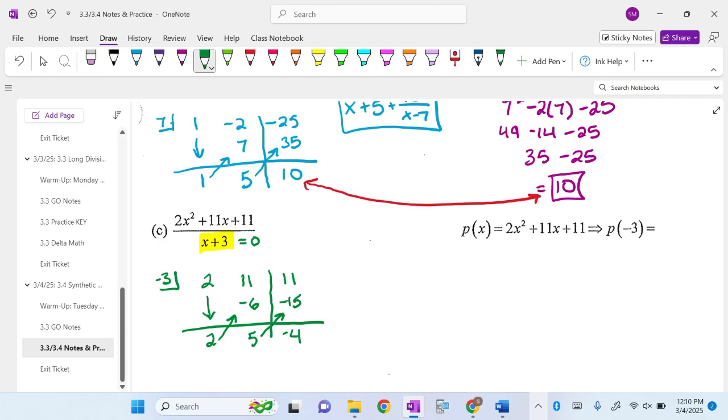So, what is my final answer with my variables, Tomas? 2x plus 5 minus 4 over x plus 3. Good. We start with x because, again, 2 minus 1 is 1.